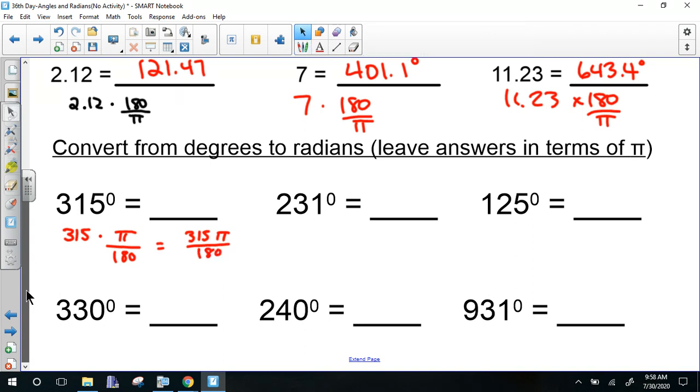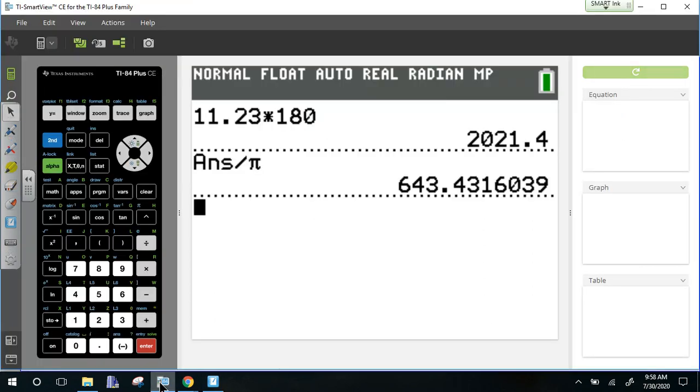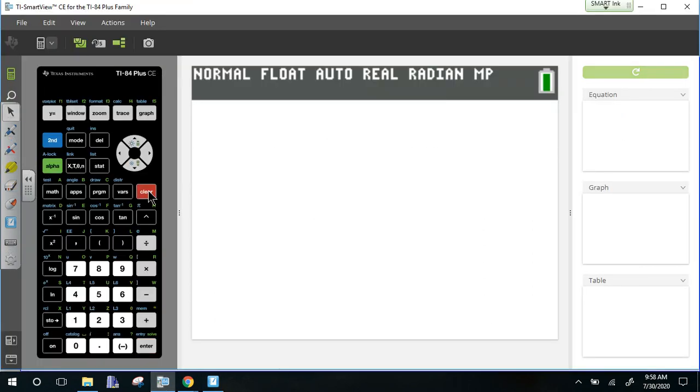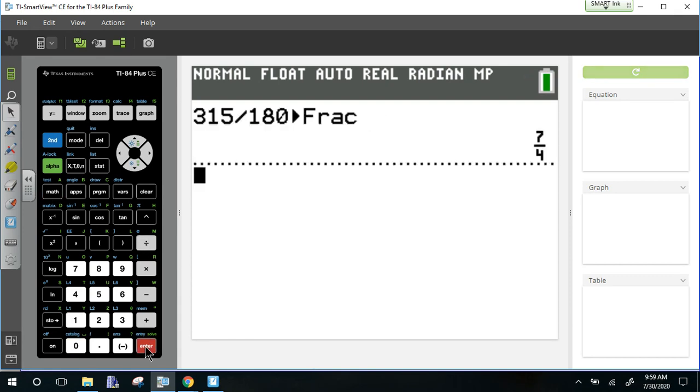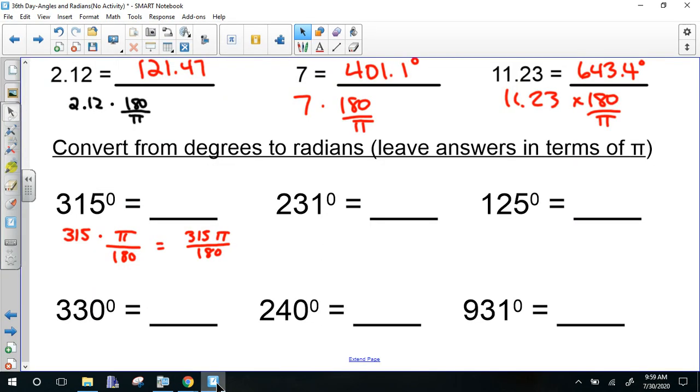But we can reduce 315 over 180. If we put that in the calculator, 315 divided by 180, and do math, enter, it'll reduce it for us. That's 7 over 4. But we want to leave pi in our answer, and we leave it up top. 7 pi over 4.